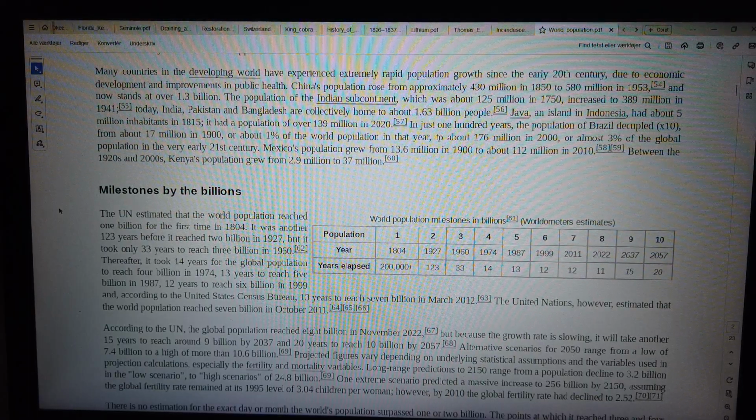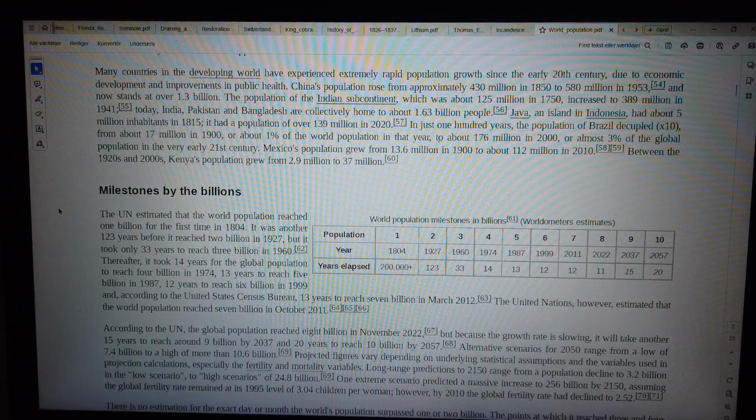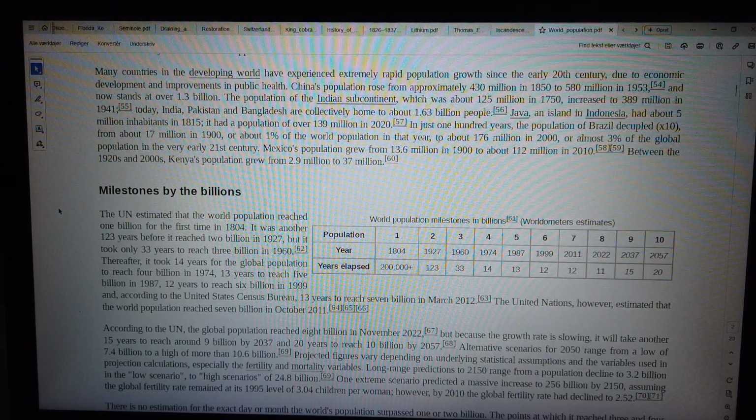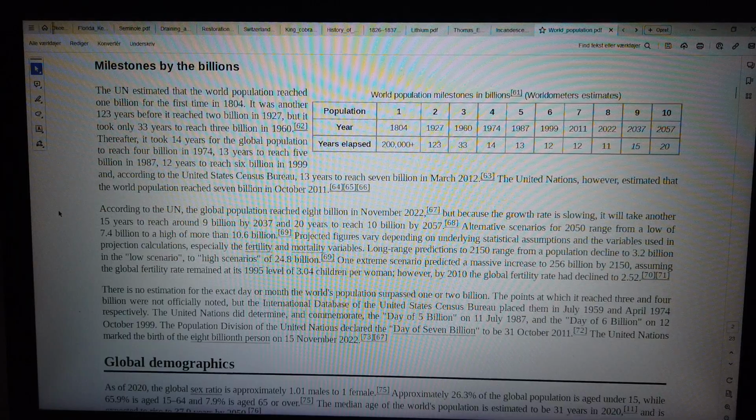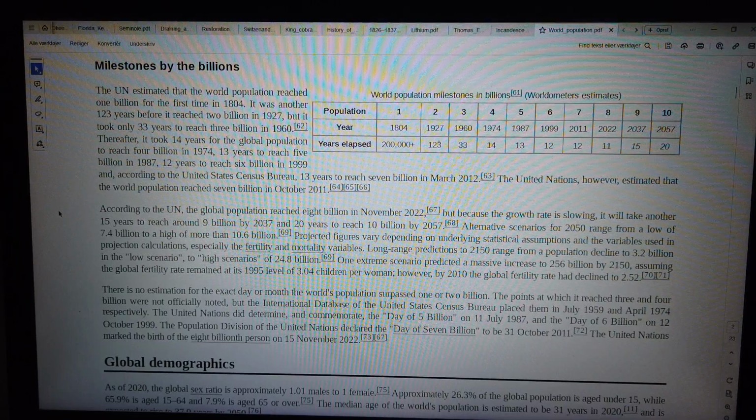Mexico's population grew from 13.6 million in 1900 to about 112 million in 2010. Between the 1920s and 2000s, Kenya's population grew from 2.9 million to 37 million.